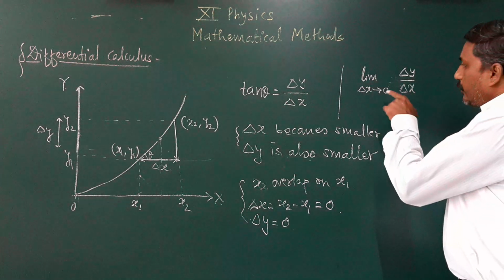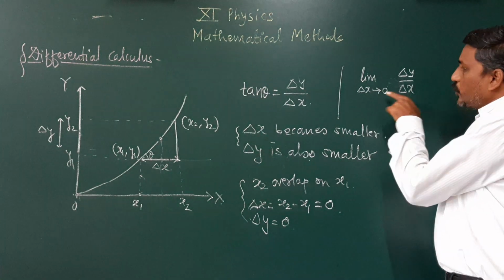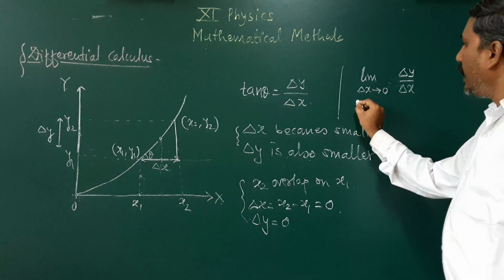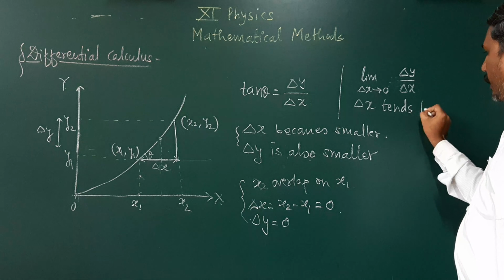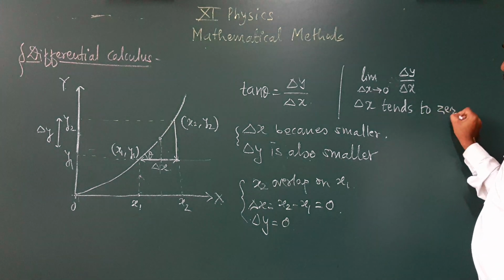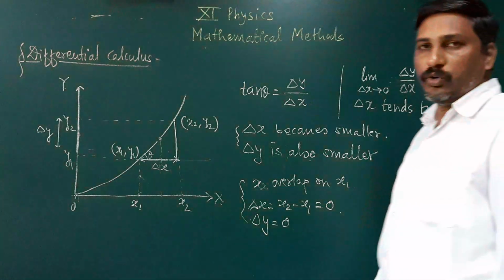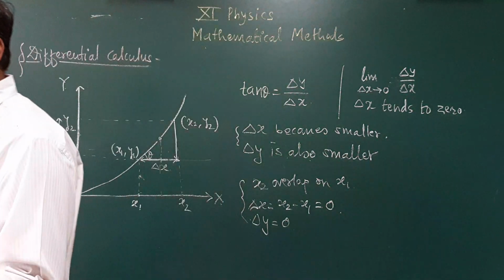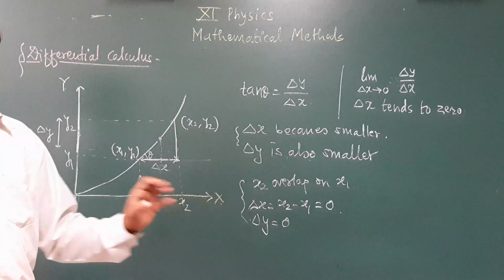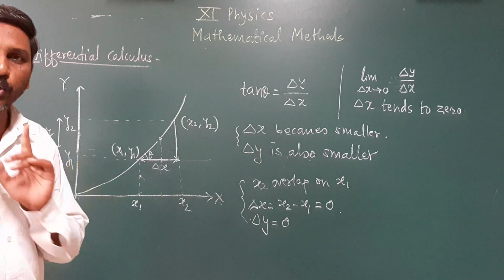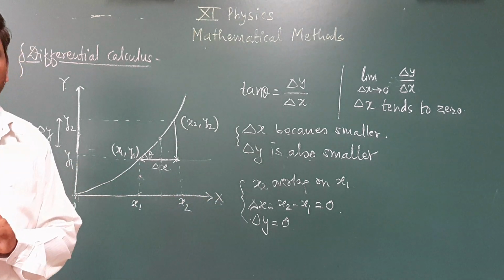But when delta x tends to 0, read this. Tends to 0 means approaches towards 0, very close to 0, moving towards 0, but not exactly 0. Remember that.